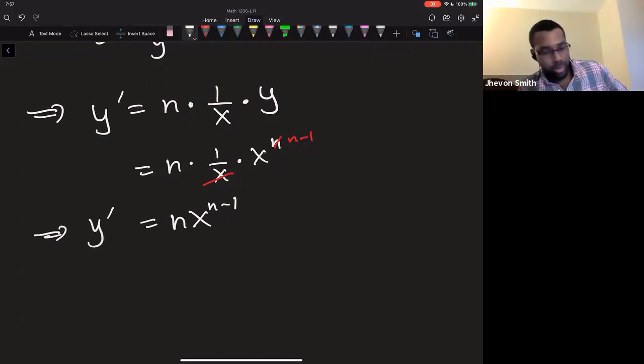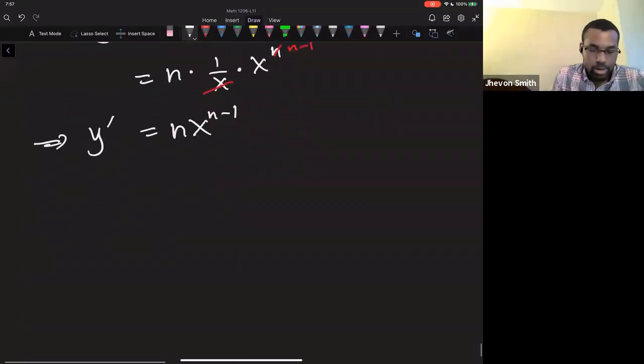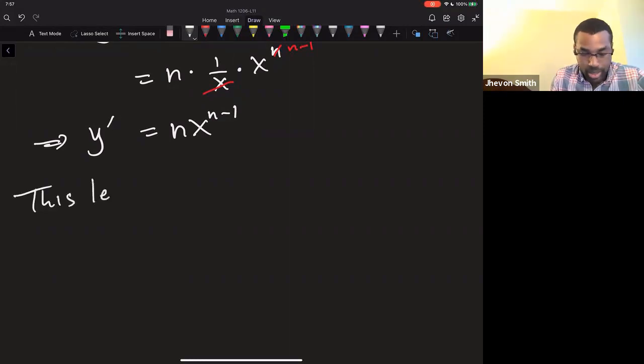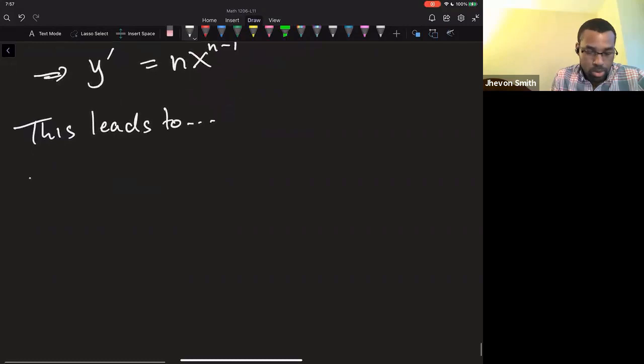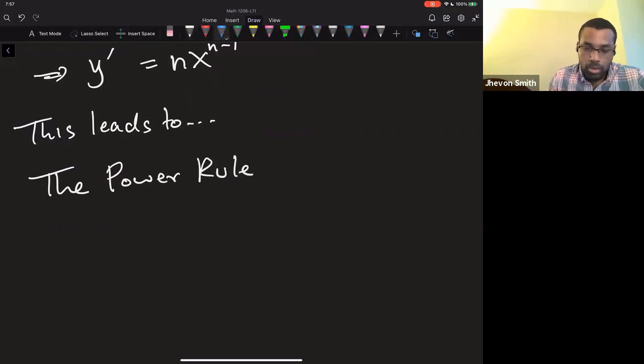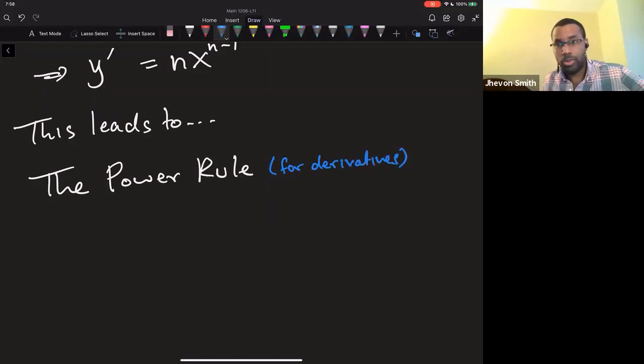So now we know how to differentiate that. And this rule is actually very important. So it actually has a name. This leads to what we call the power rule for derivatives. There is a power rule for integrals.